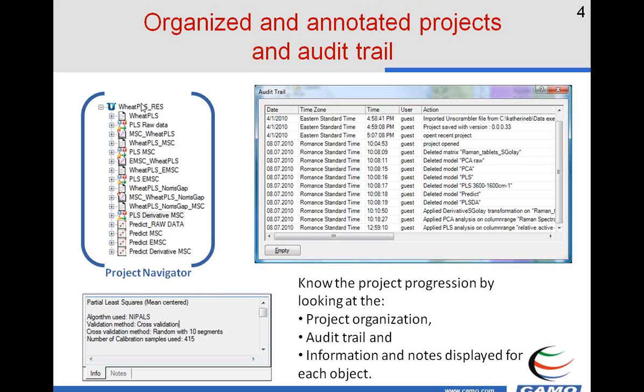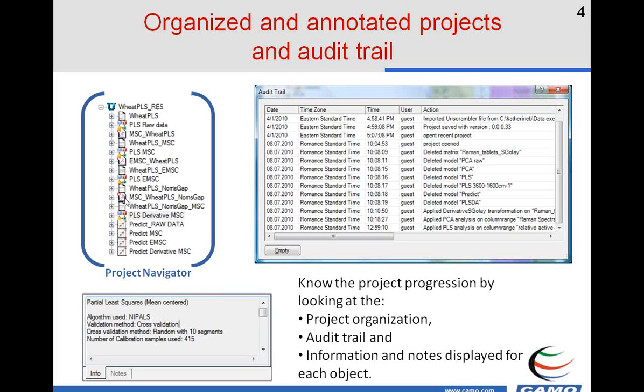So here, for example, we have a data set, and then we have done a PLS on the raw data. Then I can see I have an MSC model and a dataset with an MSC pretreatment. So what I did is that I applied an MSC to that dataset, and then I can see I did a PLS on it.